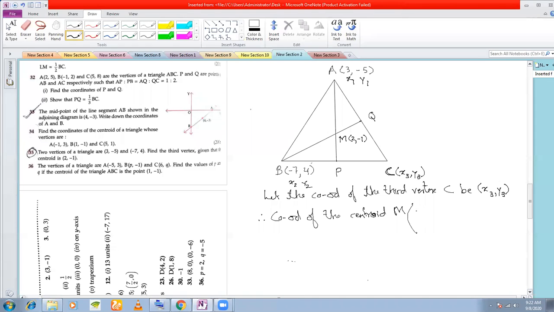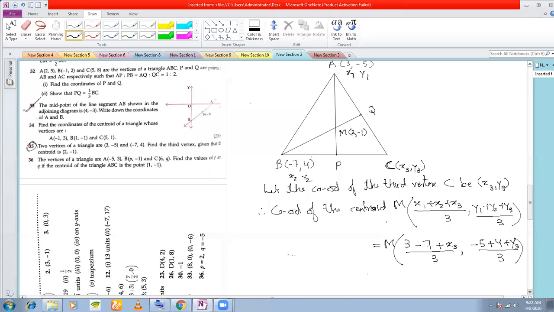So the coordinates of the centroid will be x1 plus x2 plus x3 divided by 3, y1 plus y2 plus y3 divided by 3, which is equal to M. So this is 3 minus 7 plus x3 divided by 3, and this is -5 plus 4 plus y3 divided by 3.